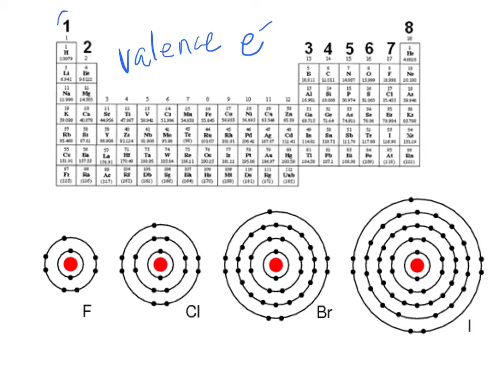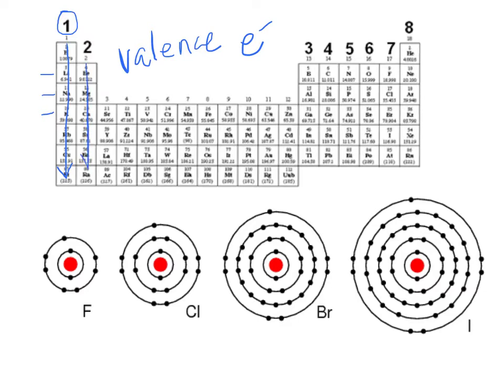Family 1 has one valence electron. So that means every single element or atom in this family only has one electron in the outer shell. If I diagrammed hydrogen, or lithium or sodium or potassium, when I was finished diagramming it, that outer shell would only have one electron.